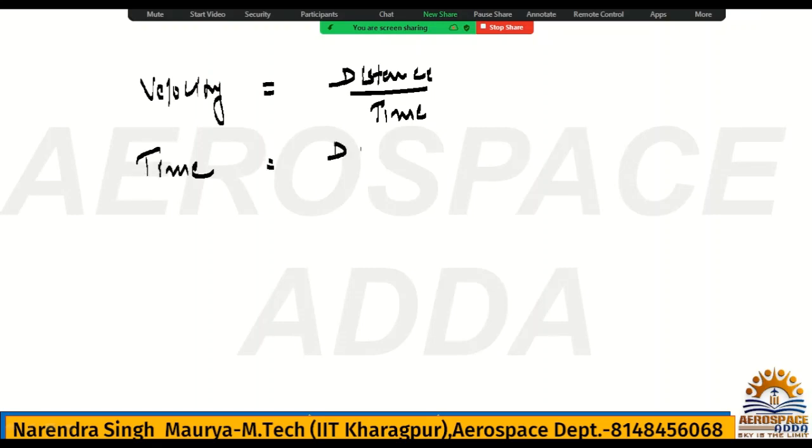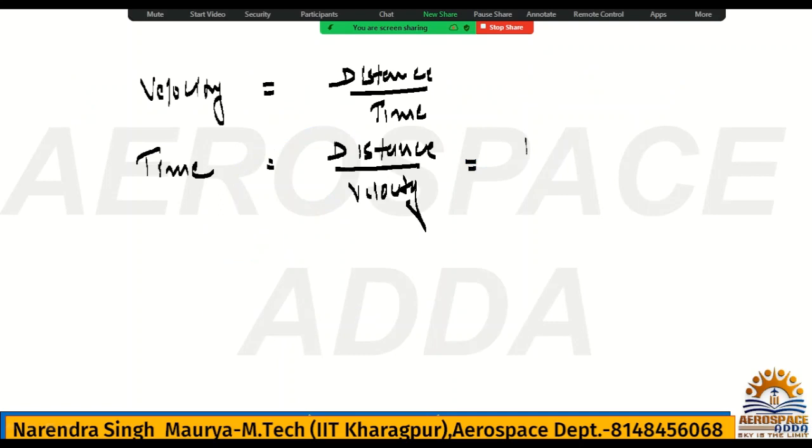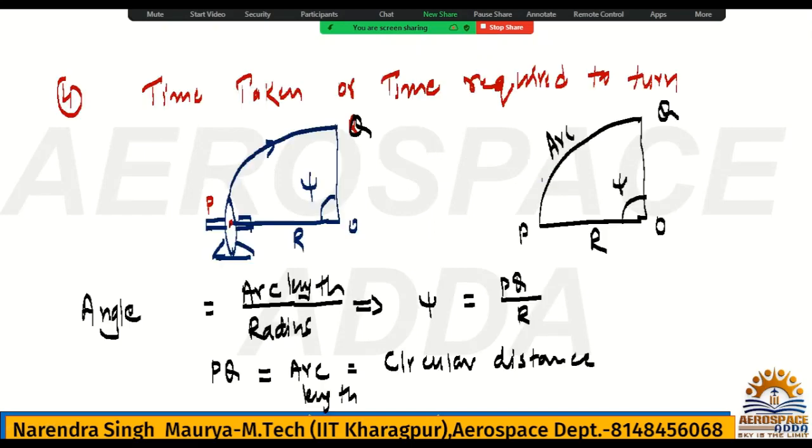Time is nothing but distance divided by velocity. What is the distance? Distance is the circular distance, which is nothing but PQ. What is the velocity? It is V, the velocity of the aircraft, V infinity or simply V.